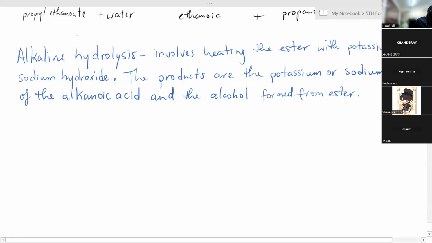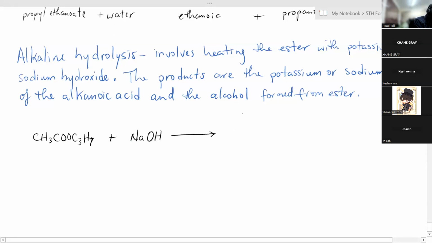So in the first reaction, we have the alkanoic acid. Sorry, not the alkanoic acid, the ester, which is the same propyl ethanoate, CH3COOC3H7. And it's going to react with, let's use sodium hydroxide. And we get an arrow here.